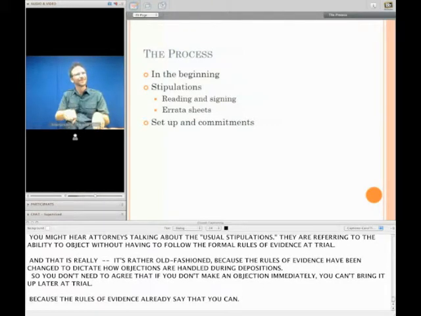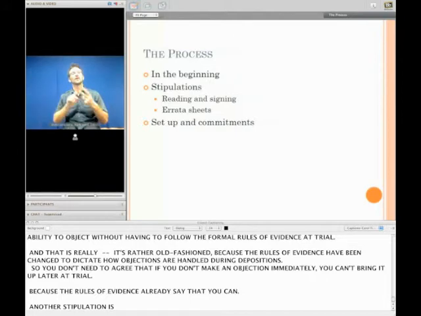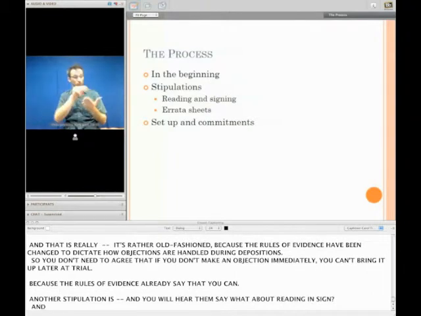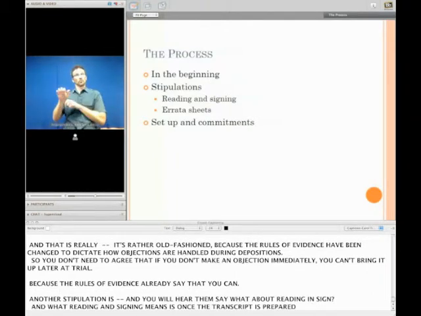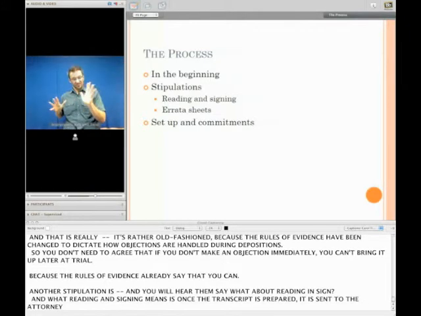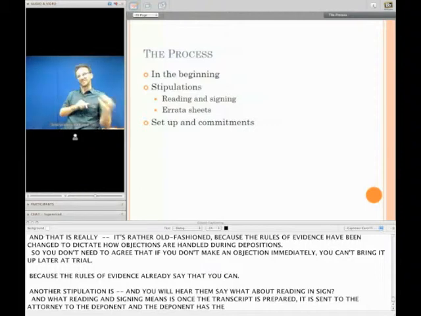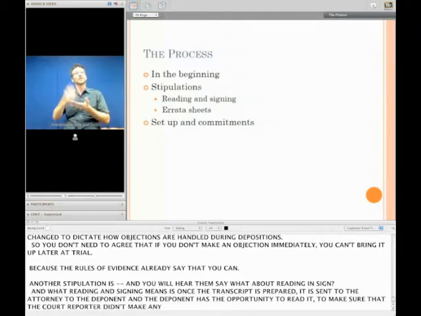Another stipulation is, and you'll hear them say, what about reading and signing? What reading and signing means is once the transcript is prepared, it's sent to the attorney for the deponent. And the deponent has the opportunity to read it to make sure that the court reporter didn't make any errors in transcribing their testimony.